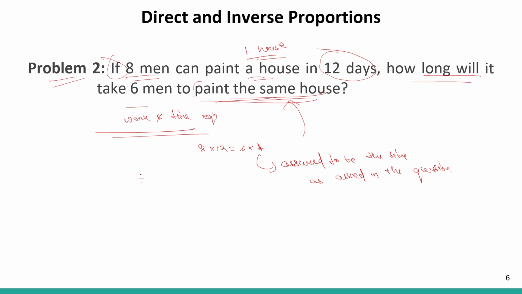We can solve this algebraic equation. T is equal to 8 into 12 by 6, so 8 into 2 is equal to 16. So T is equal to 16. It will take 16 days for the 6 painters to paint the house. This is the conclusion at which we have arrived.